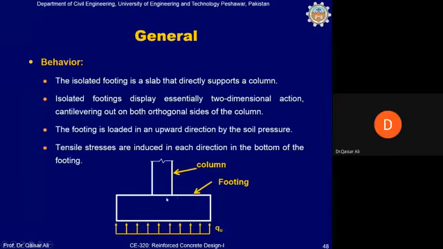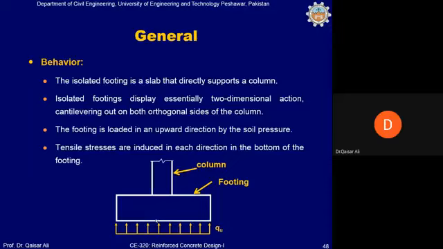Along the short direction, when the soil exerts pressure on the wall footing, there is bending which causes tensile stresses in the lower part of the footing and compressive stresses in the top side, so we place reinforcement on the bottom side of the wall footing.